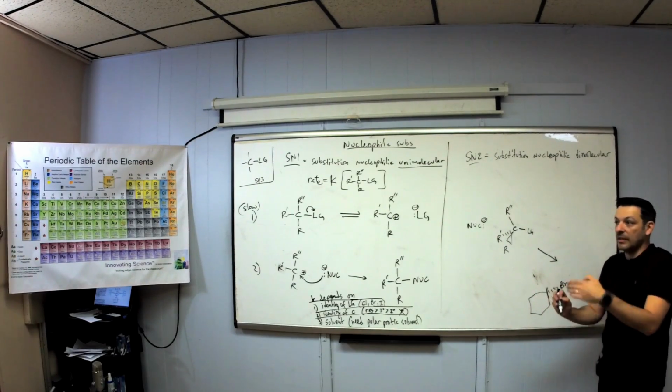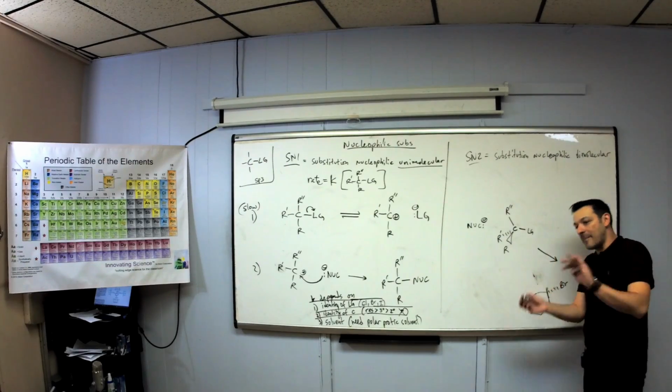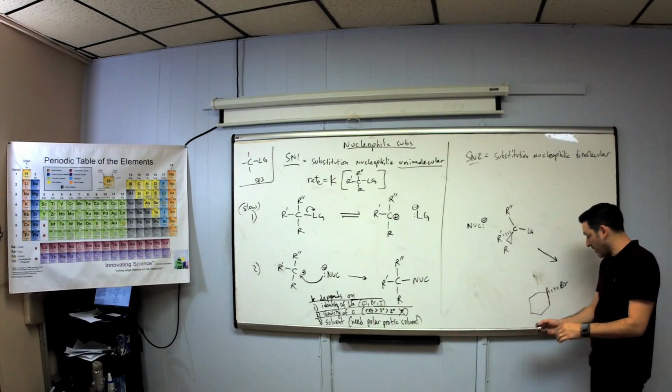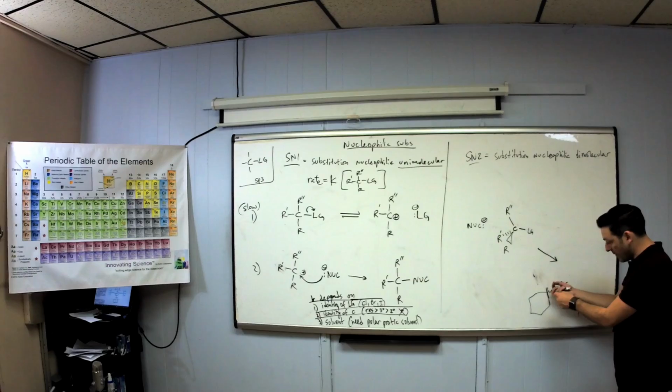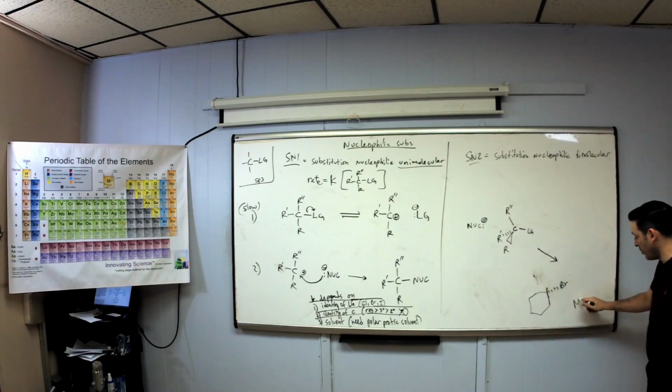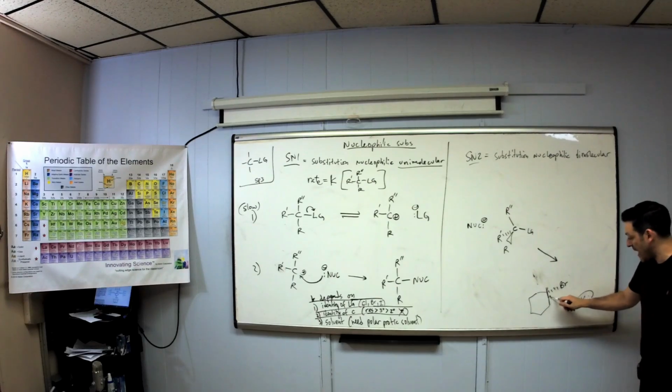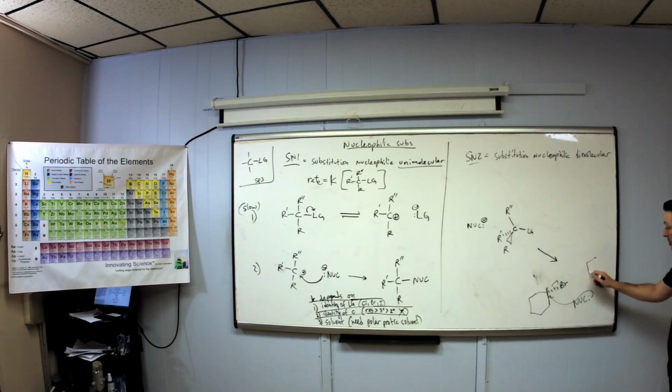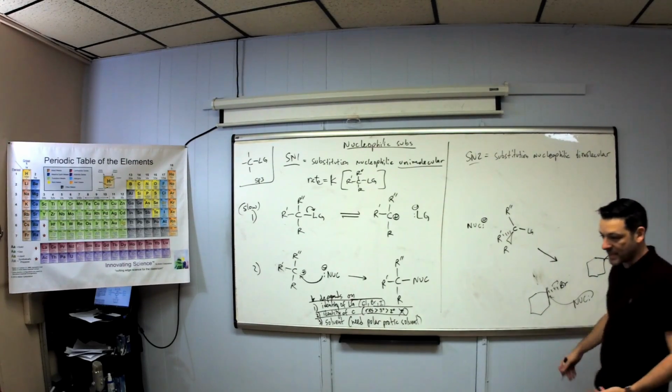It's carbon to leaving group. Wherever that bond is, go to the opposite side, the other side of the carbon. So the carbon here is in front and the leaving group's in the back. You have to go more in front. This is the direction. And the nucleophile is going to attack and kick off that Br, so the nucleophile is going to end up in the front. Does that make sense? That nucleophile will end up in the front because it's coming from the opposite side.